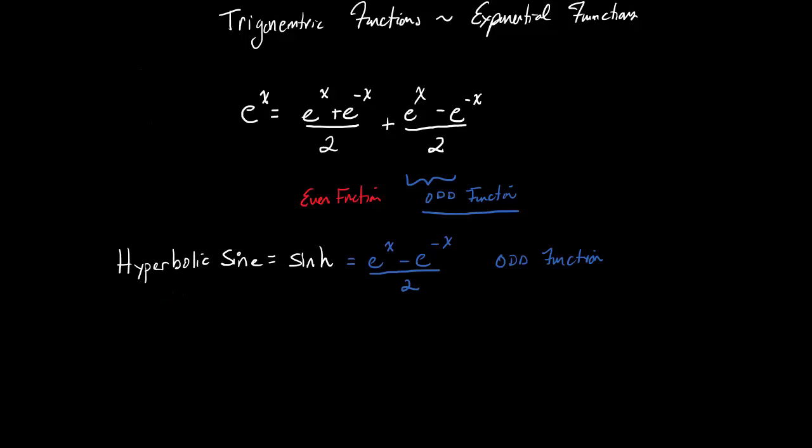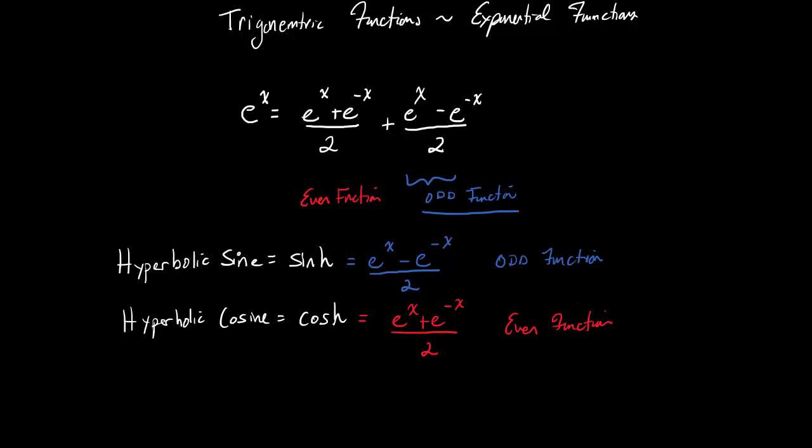The even function is going to be hyperbolic cosine, and this is abbreviated cosh. So this is cosh, sinh and cosh. This will be equal to the first value, e to the x plus e to the negative x all over 2, and cosh happens to be the even function.